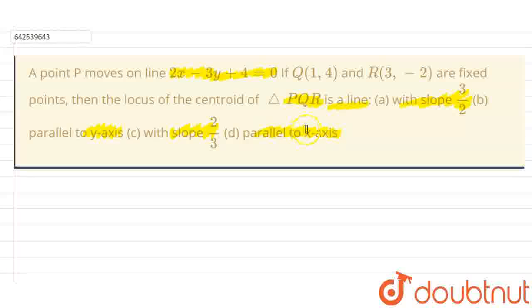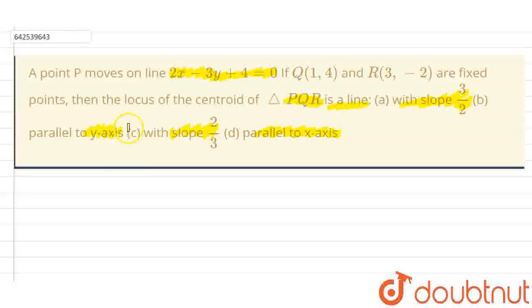So basically we need to find out the slope of the line, or locus, of the centroid. All right. So first of all, you know what a centroid is?